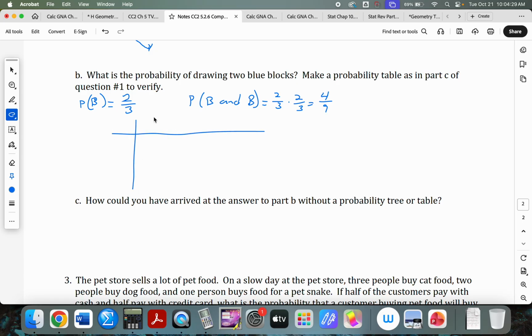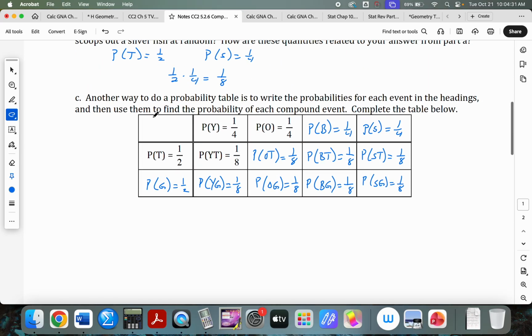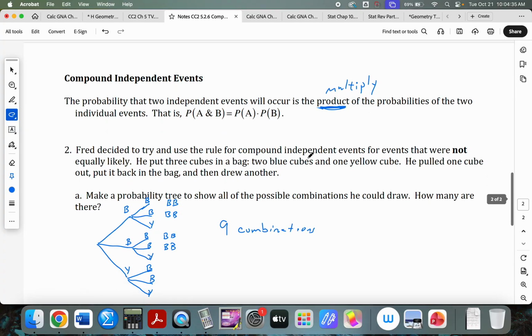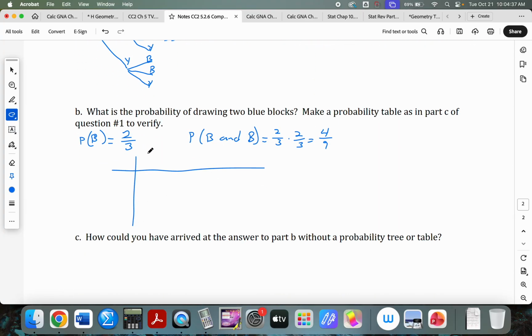So, just like we did over here, we're going to give the probabilities for each of the possibilities. So on our first draw, what's the probability that you get a blue? 2/3.